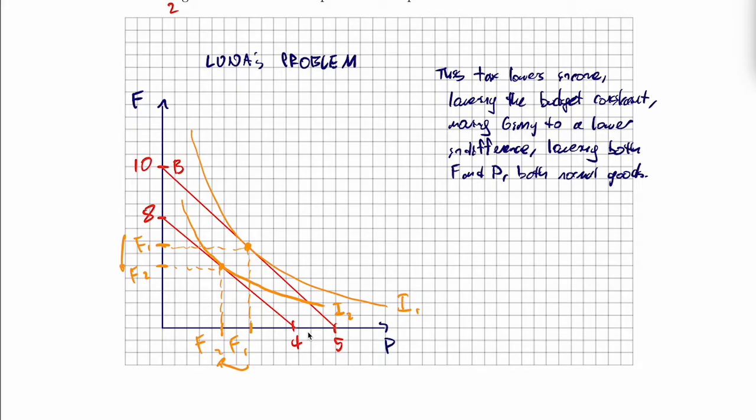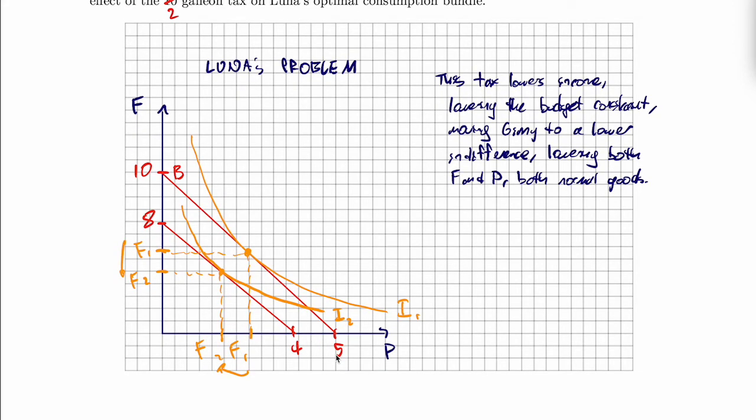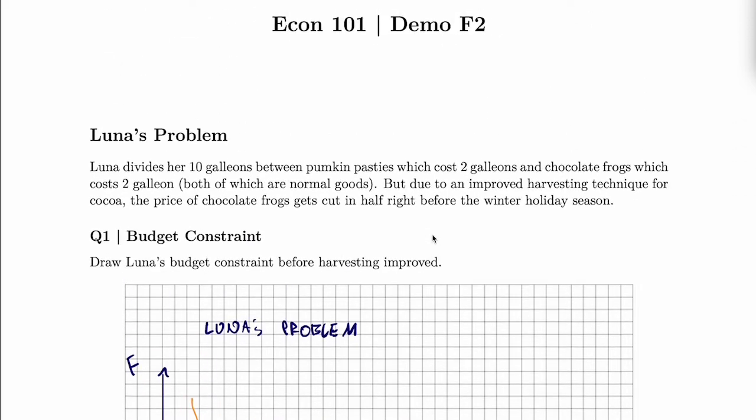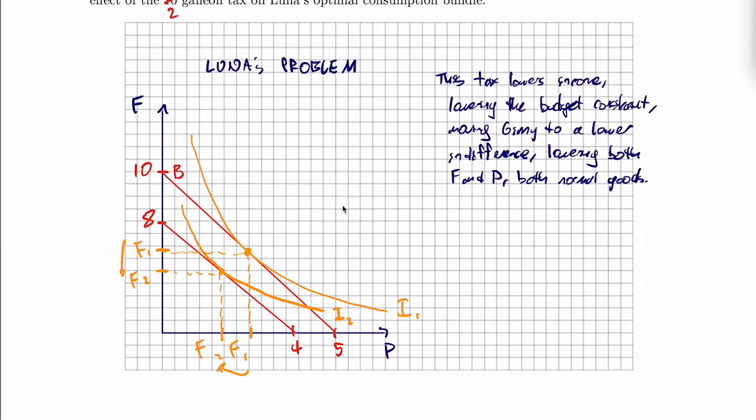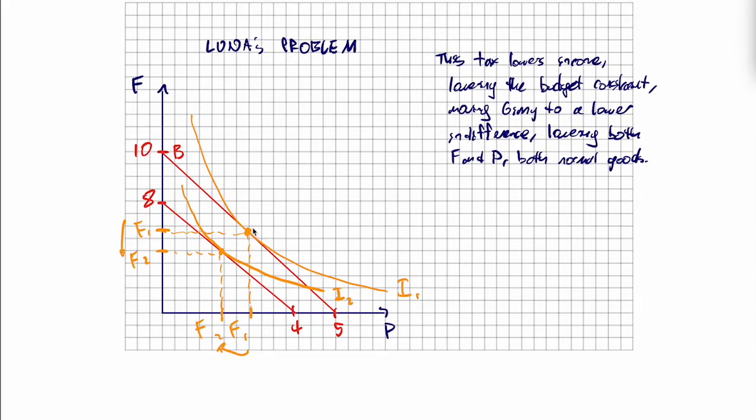So we go from an income of 10 to an income of 8, and Luna can afford, on the horizontal intercept, 4, where she could afford 5 before, and the same 8 against 10. And if we go back to the original question here, we're told that both of these are normal goods. So we should see a decrease in the quantity demanded as income goes down. And that's exactly how we've drawn this.